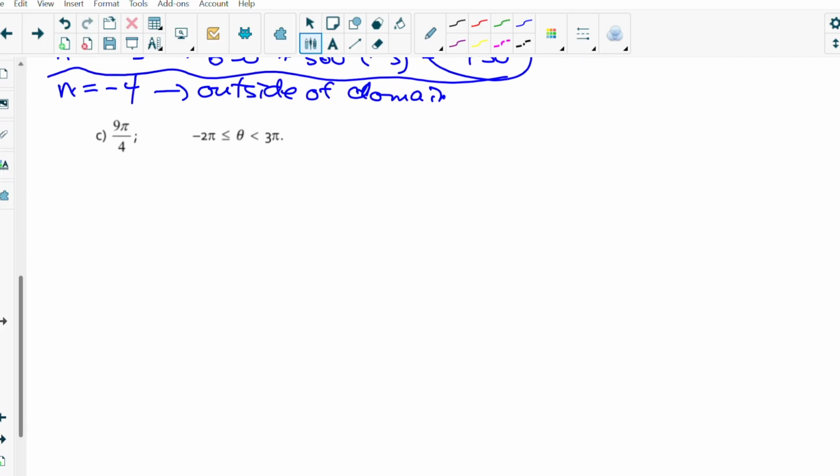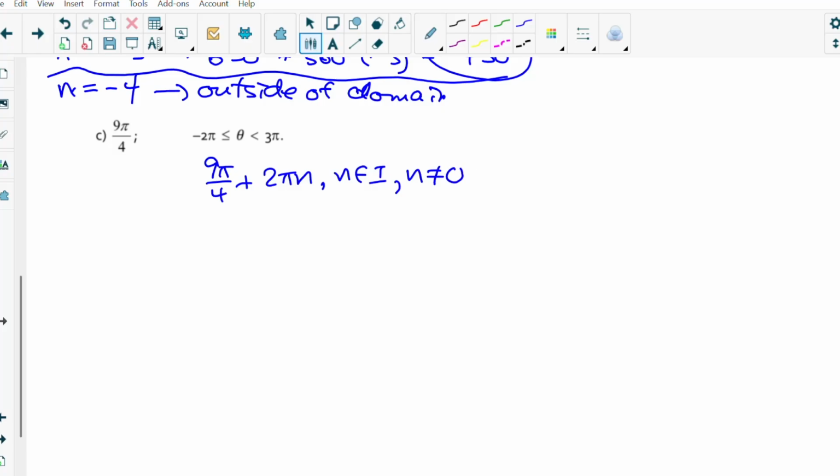Okay, 9 pi over 4. I have 9 pi over 4 plus 2 pi n. So I'm going to use the radian version of this. N is an element of integers.